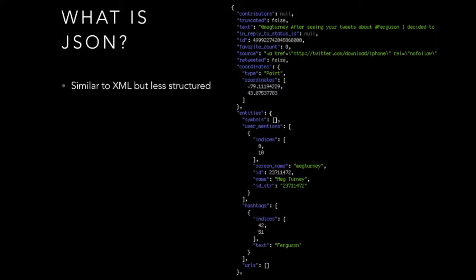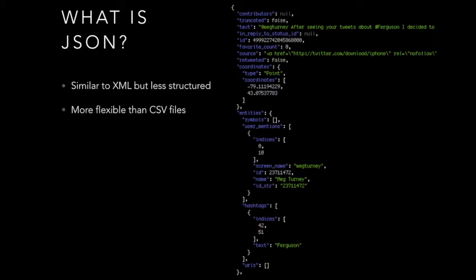So JSON, which stands for JavaScript Object Notation, is similar to XML, or the Extensible Markup Language, which was very popular in the 90s and early 2000s, but was often frustrating to developers because of its draconian structure requirements. JSON, however, is much less structured than XML and really just has a key value kind of field.